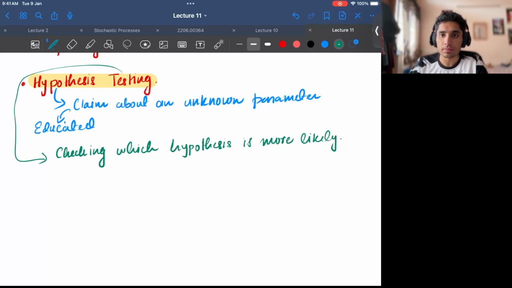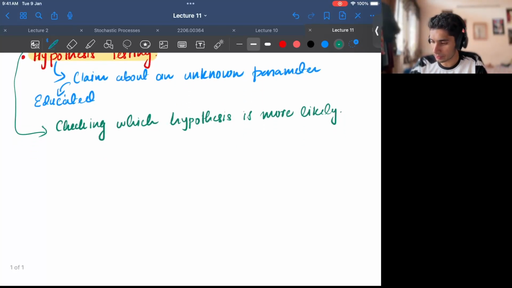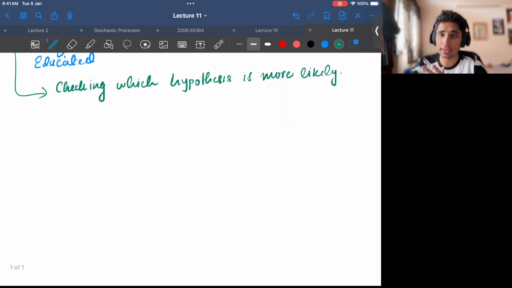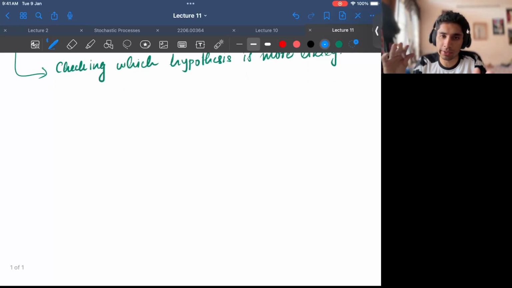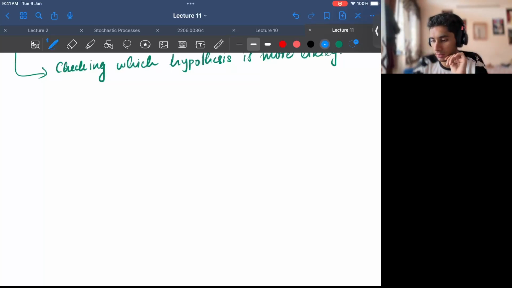Okay. If that is clear to you, then what is statistical hypothesis testing? In statistics, hypothesis testing has a particular framework. There are multiple frameworks for hypothesis testing, but the one that we are going to follow is binary hypothesis testing.